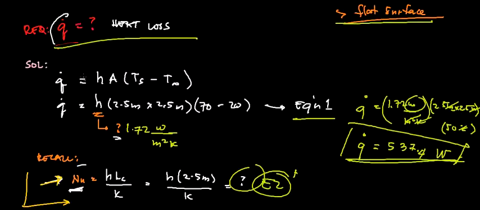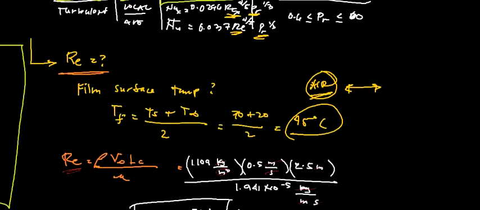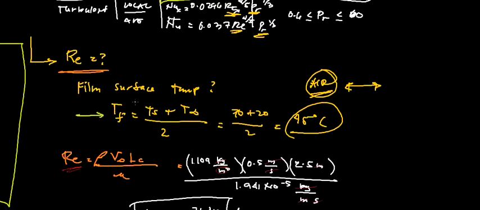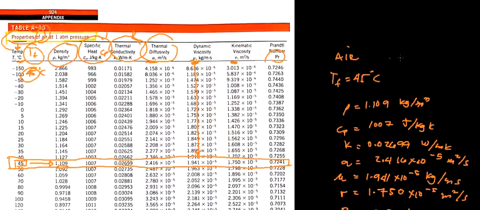Then we say that our heat loss is given by this equation, but we don't know the h. So to find the value of our h, we use the Nusselt number and the correlation. But in order for us to determine those numbers, we need the surface film temperature and use it in this table so that we can know the properties.